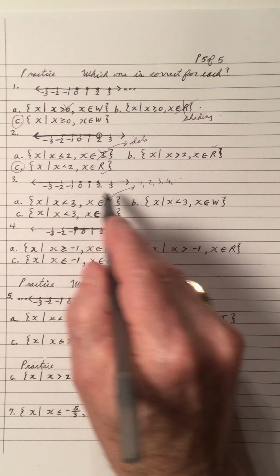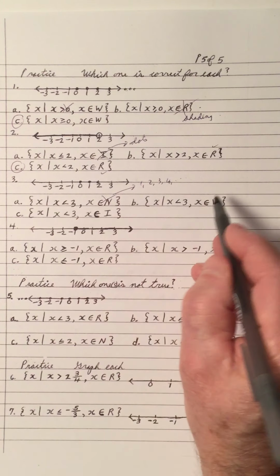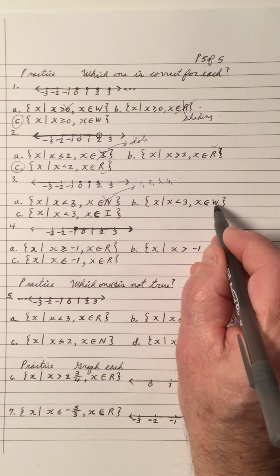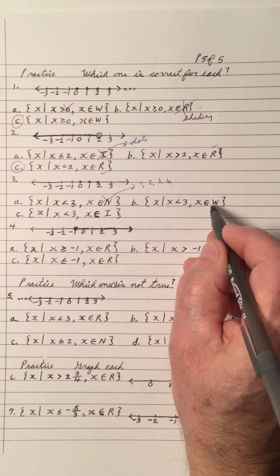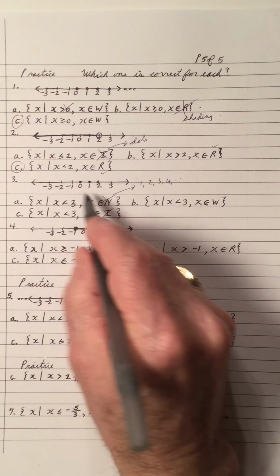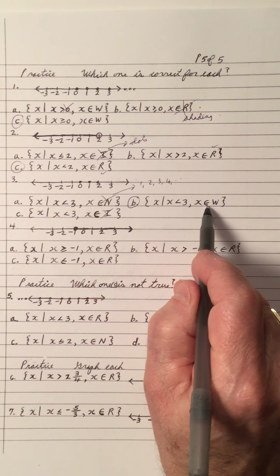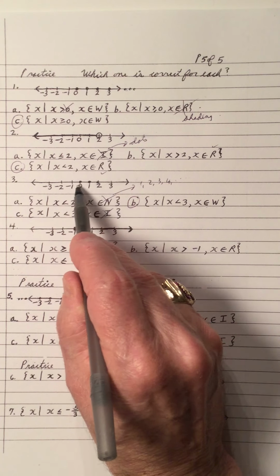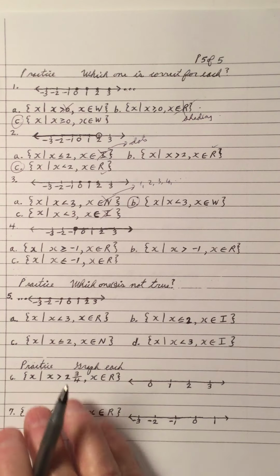Integers, it can't be integers, because integers have negative numbers, so the answer has to be B. So this is less than 3, which is 2, 1, 0, belonging to the whole numbers. B is the answer.